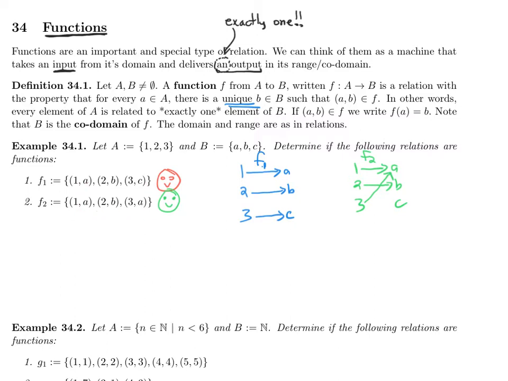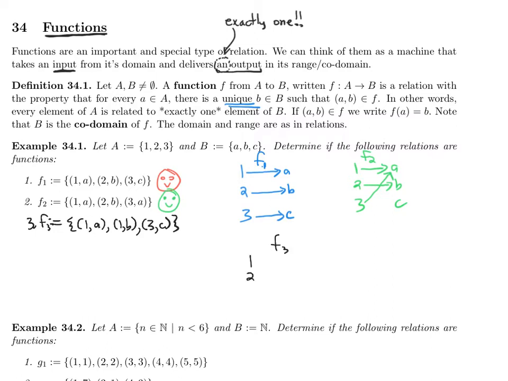Maybe let's see one that isn't. So maybe you had something like this. Maybe you want 1A, 1B, and 3C. Let's say you had that. What would that look like?